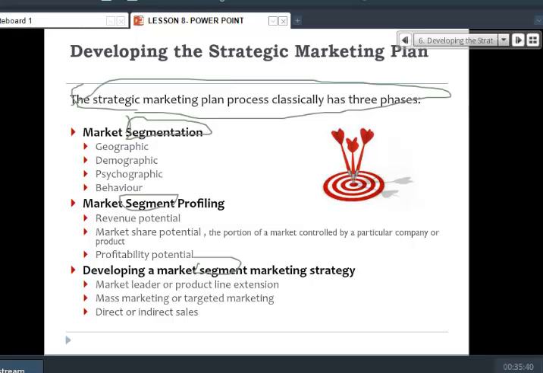But the indirect can be in conjunction, so the company can have both efforts, both channels. Okay, guys? So no problem.